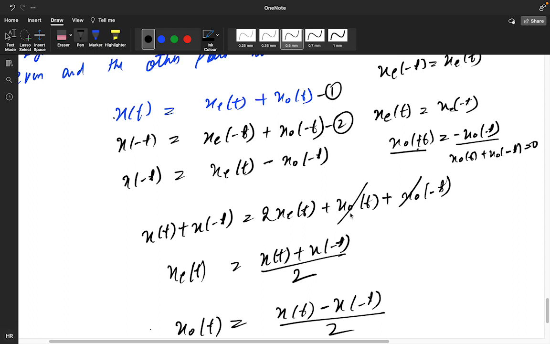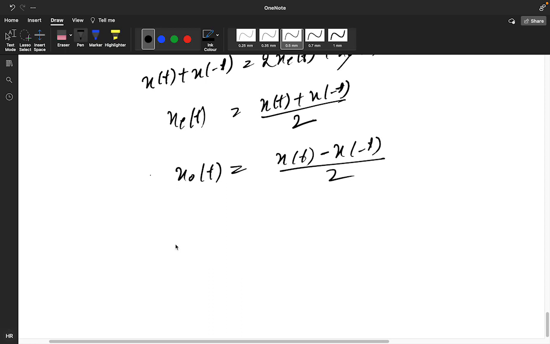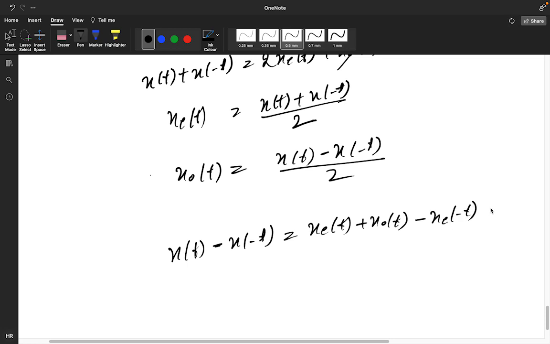So the 2 remains, and we are getting x e of t as x of t plus x of minus t divided by 2. And when you do the subtraction of x of t minus x of minus t, you get the even signal plus the odd signal minus the even signal at minus t minus the odd signal at minus t.